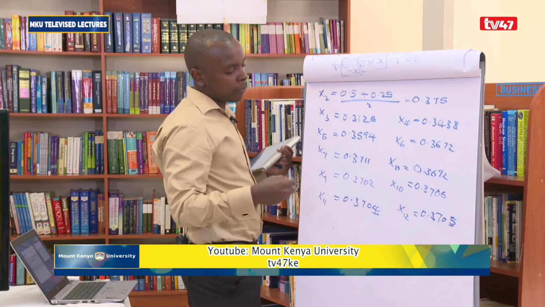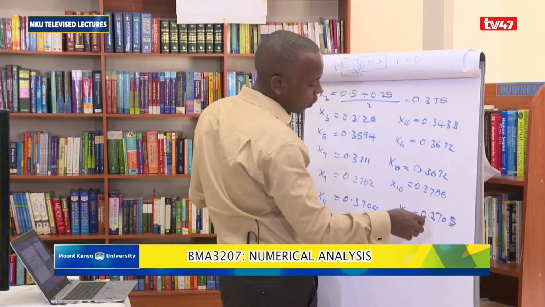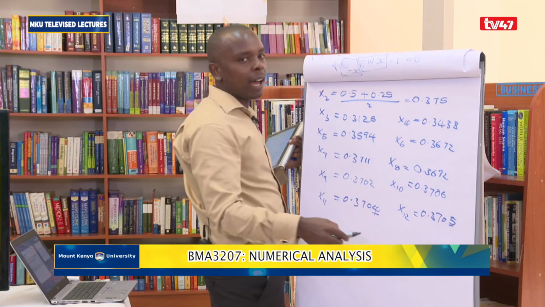So if we perform several iterations, it's likely that this is going to be 0.371 and some other values.